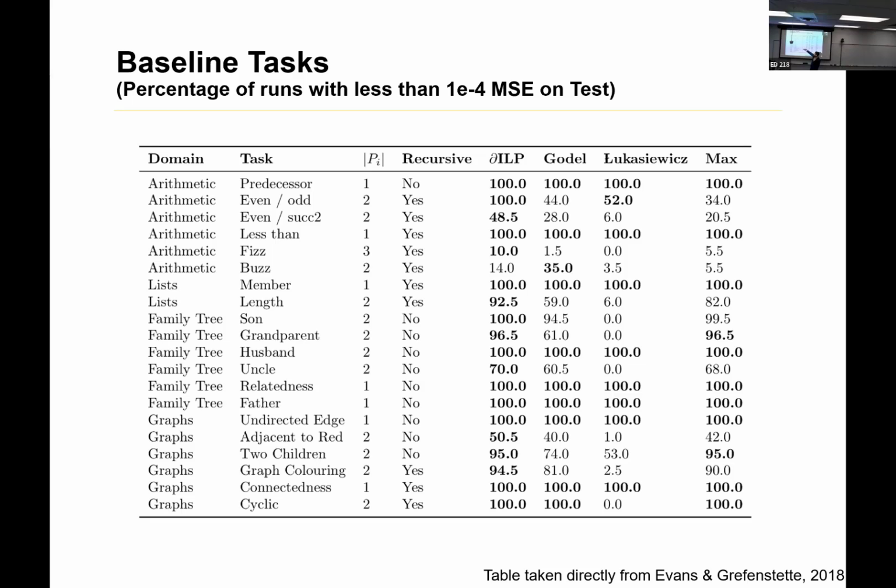Less than is pretty obvious what that means. And then they have these relationship problems based on family trees and really tiny graphs, looking at graph problems like coloring and stuff. But bottom line here is what they list as differentiable ILP. This is using the product T-norm, and it's the best in almost every case.